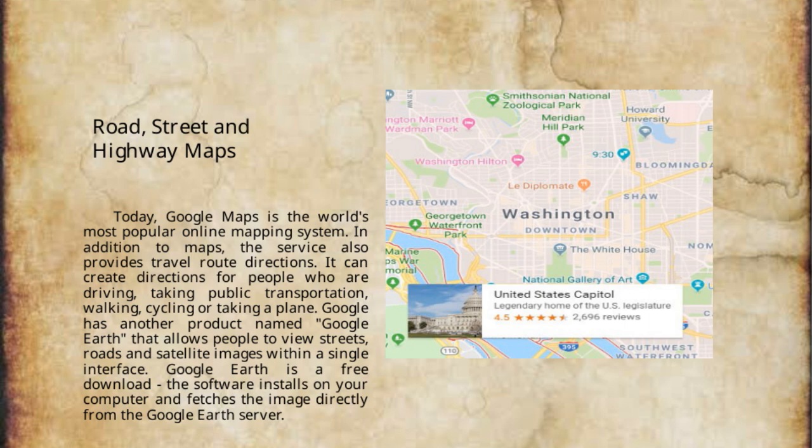Google has another amazing product called Google Earth, which allows users to view streets, roads, and satellite images all within a single interface. It's a free download that you can install on your computer, and it fetches images directly from the Google Earth servers. This interconnected suite of mapping tools really highlights how Google has revolutionized the way we navigate and explore our world, making it easier and more accessible for everyone.